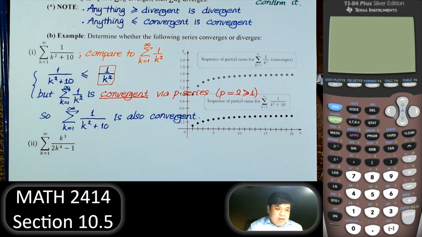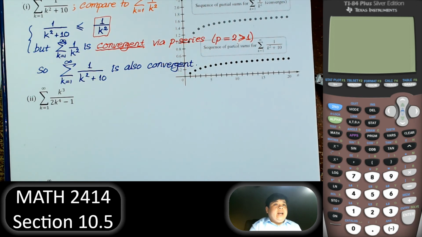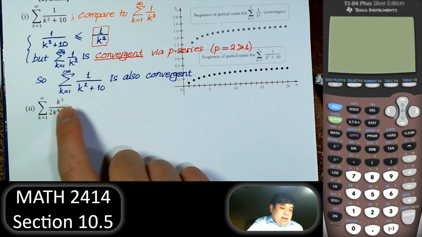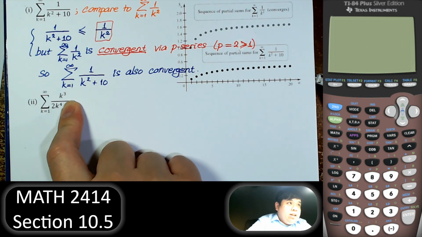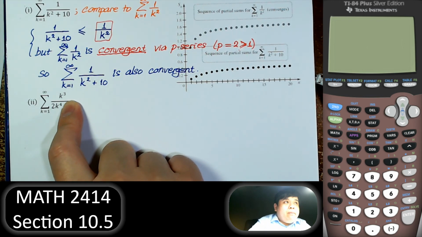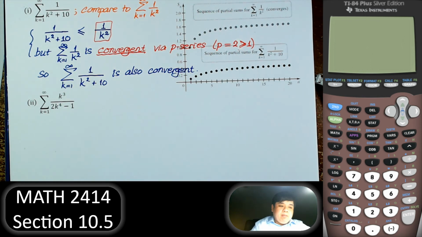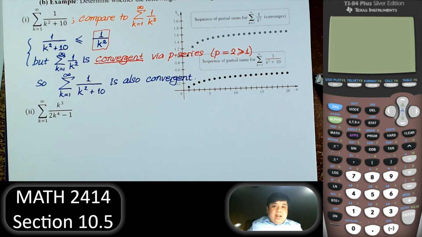Now the next one. Can we do the same thing though? Can we take out the 1 and compare to that? Yes, of course we can. But if that is the case, what do we have? Now, think about this.